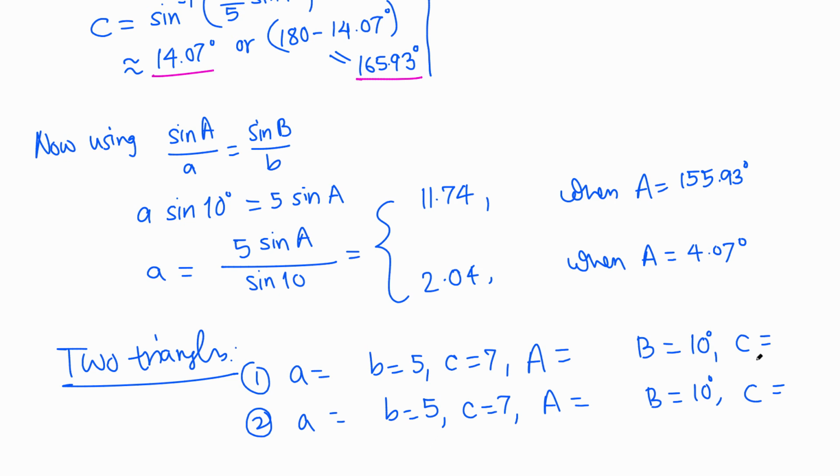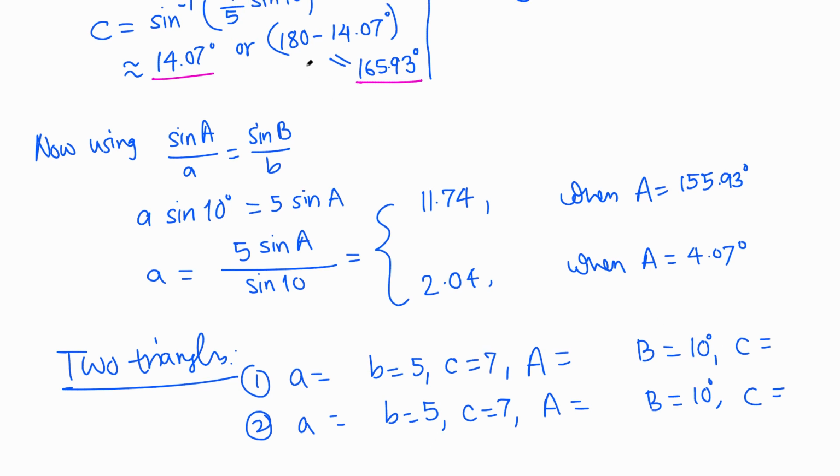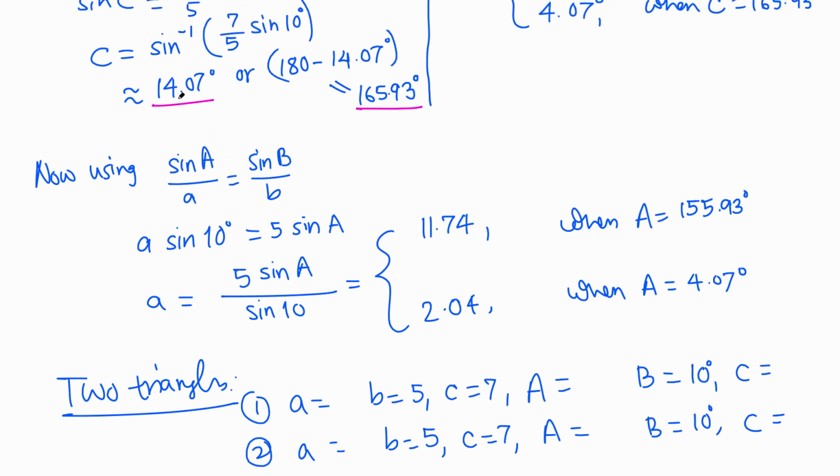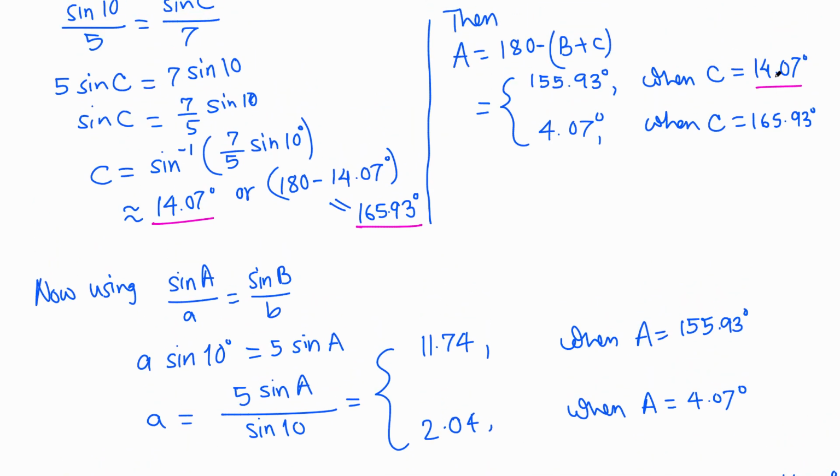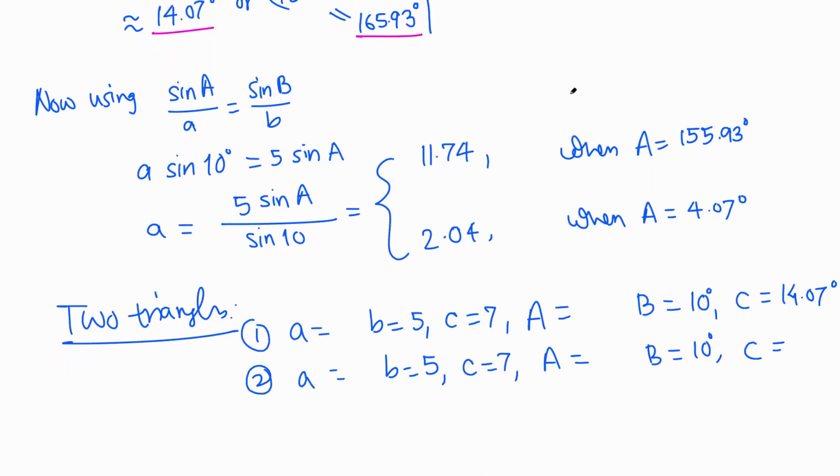First we found C, 14.07. From 14.07 we found A, 155.93. Then from that 155.93 we got lowercase a, 11.74.